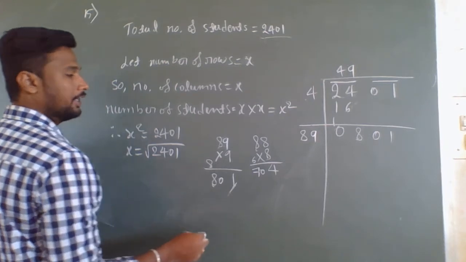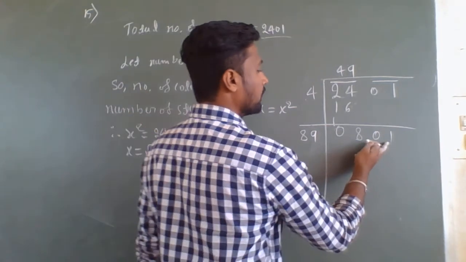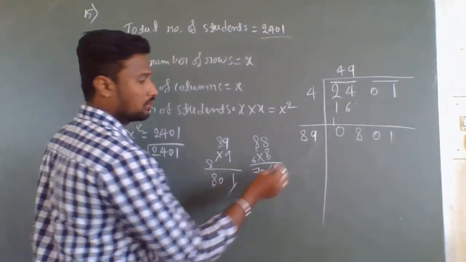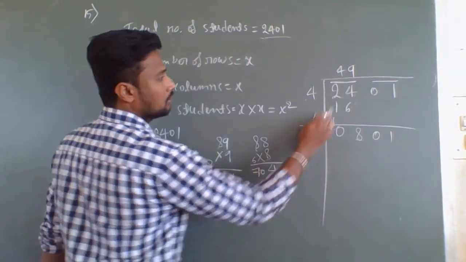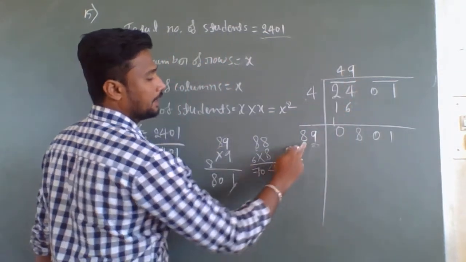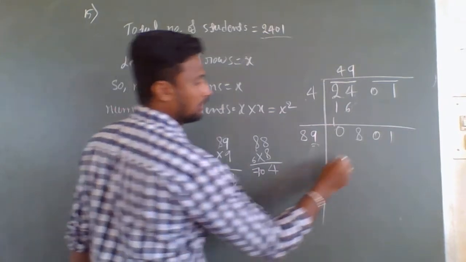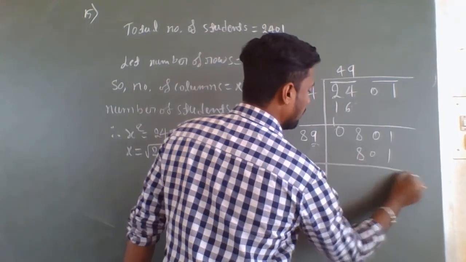So what did we get here? 801. Here also we have 801. So we will consider 9 only here, and here also we should consider 9. 89 into 9 is 801. So the remainder is 0.